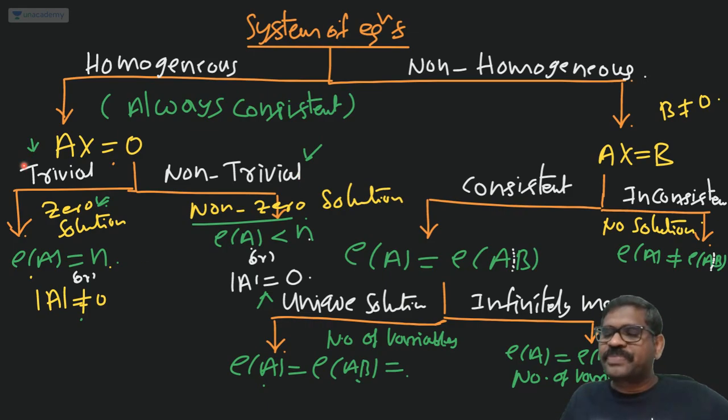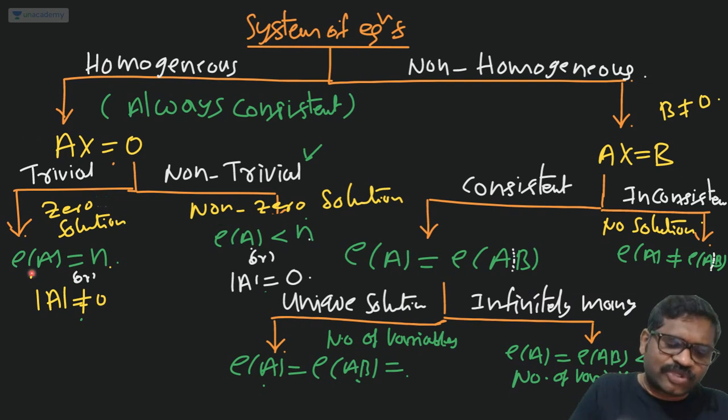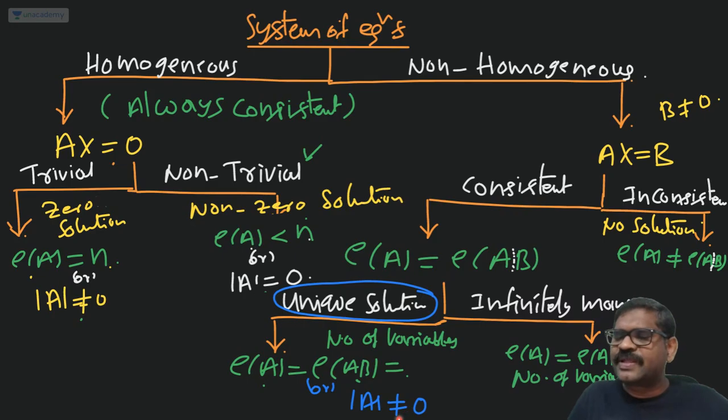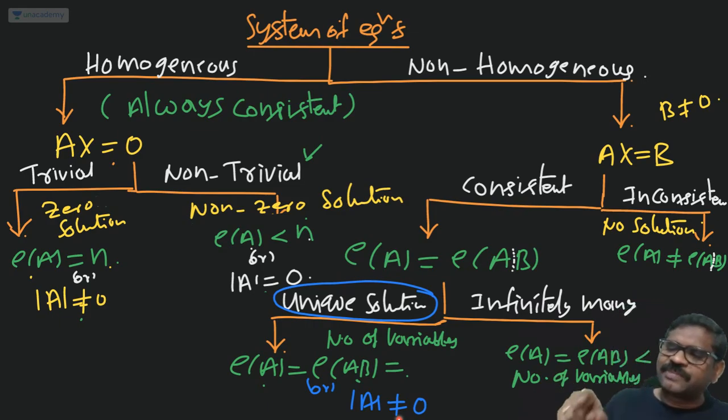Okay. Now, observe here. In the tree diagram, in the case of unique solution, I am writing one hint. Where do you have a unique solution? Here, determinant of A not equal to 0. Saurabh, you can understand only if I explain with examples.